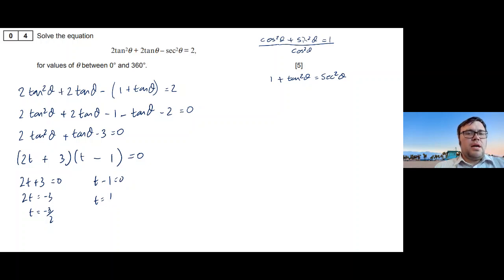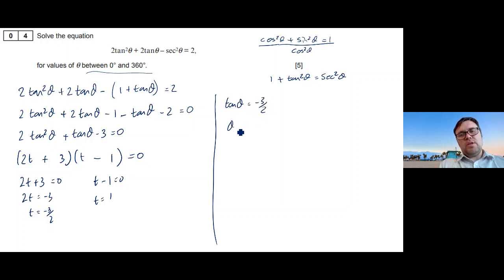Quick check. We have to make sure whether the question asks for degrees or radians. In this case, it is degrees. So we have tan theta equals minus 3 over 2, so theta is tan to the minus 1 of minus 3 over 2, and tan theta equals 1, so theta is tan to the minus 1 of 1.